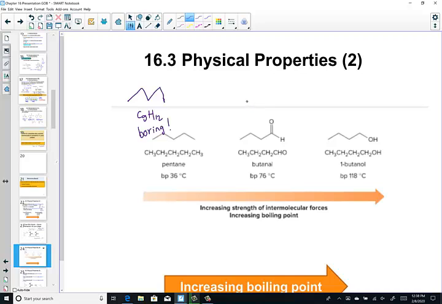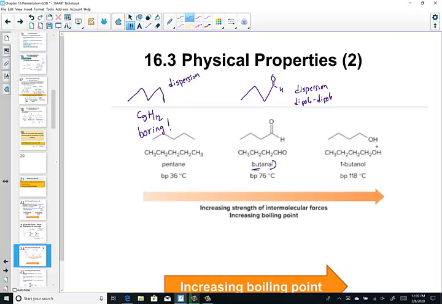Then we can draw in an aldehyde, here asking for butanal, 4-carbons, 1, 2, 3, 4, and then you can see the double bond to O. Here's the aldehyde. So the boring molecule has dispersion forces only. The aldehyde or ketone, a little more exciting, has dispersion forces and dipole-dipole interactions.